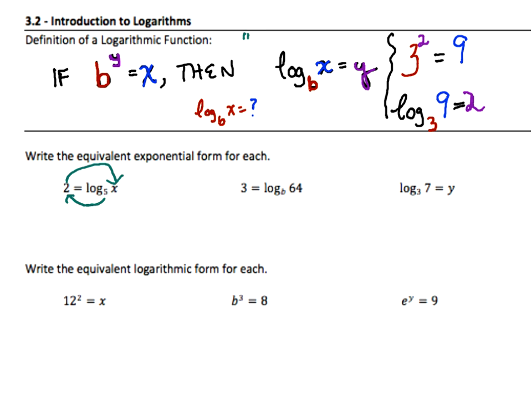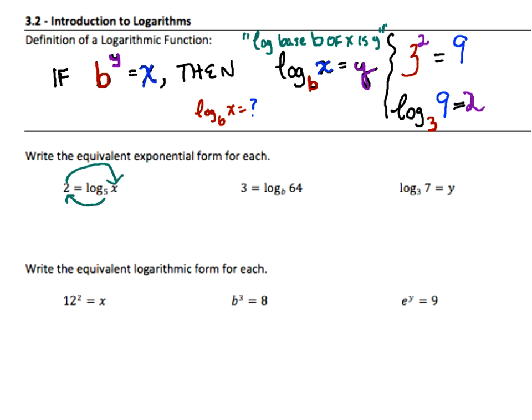So up here in general terms, this says log base b of x is y.